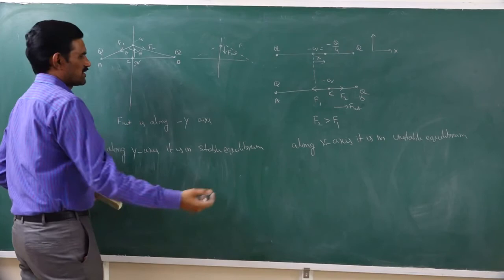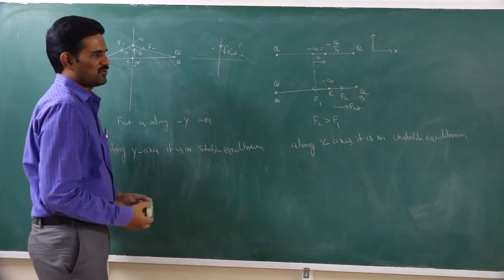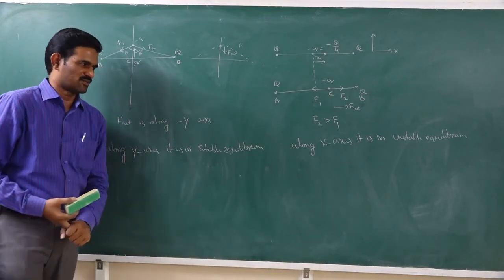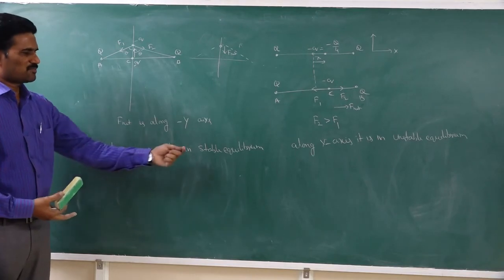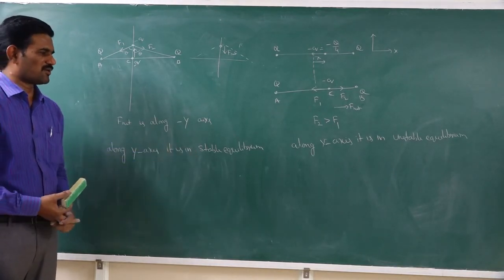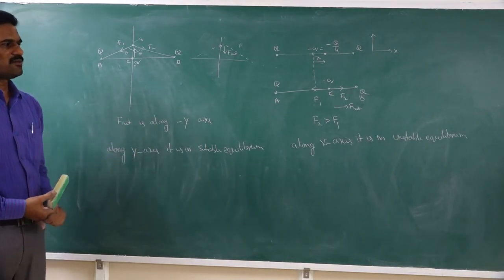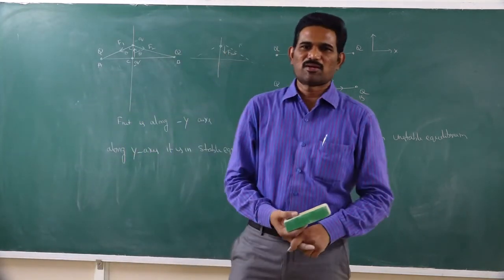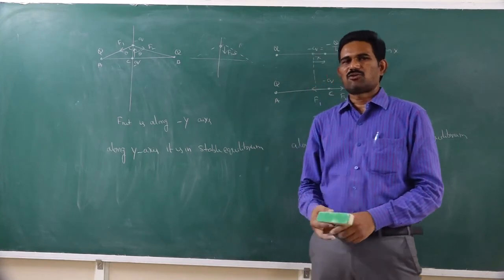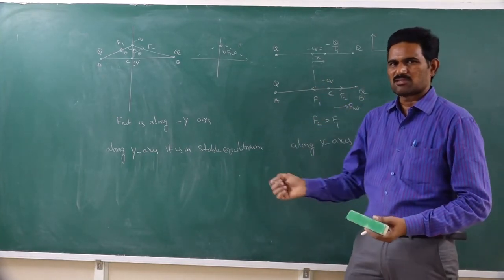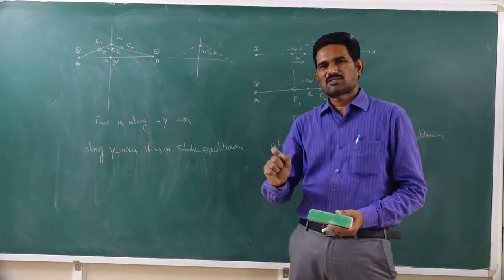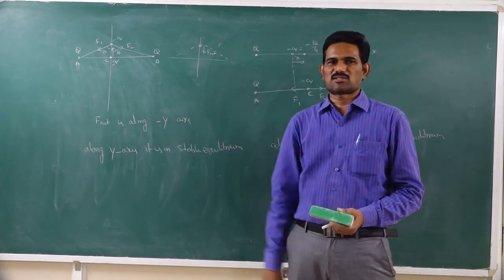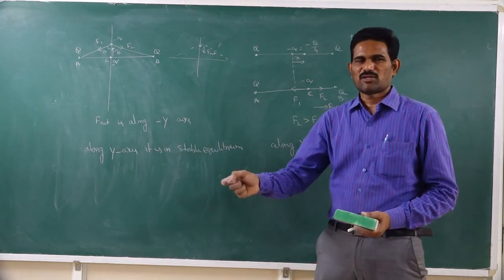If you displace it by a larger distance, the total configuration of the system changes. So for a small displacement along the y-axis, the system will be in equilibrium. You need to answer whether the system is in stable or unstable equilibrium by considering the particle displaced slightly in the given direction.